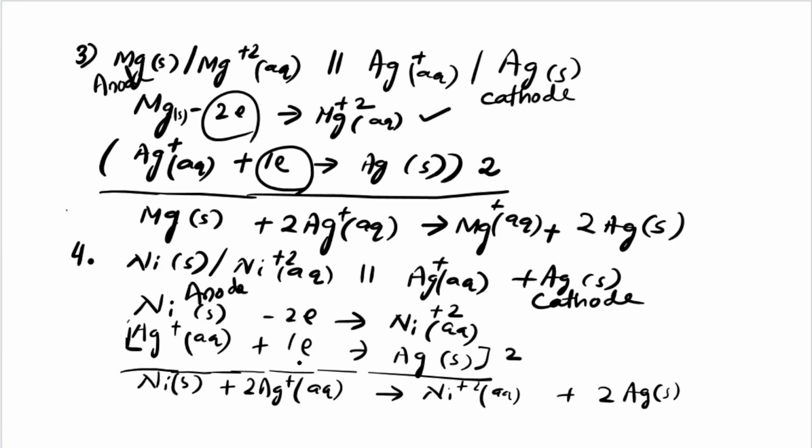Since the electrons are not equated, the second equation is multiplied by 2, and after cancelling the electrons, this is the net overall reaction: Ni(s) plus 2Ag+(aq) gives Ni+2(aq) plus 2Ag(s). This is the overall reaction, and this is the cell representation.